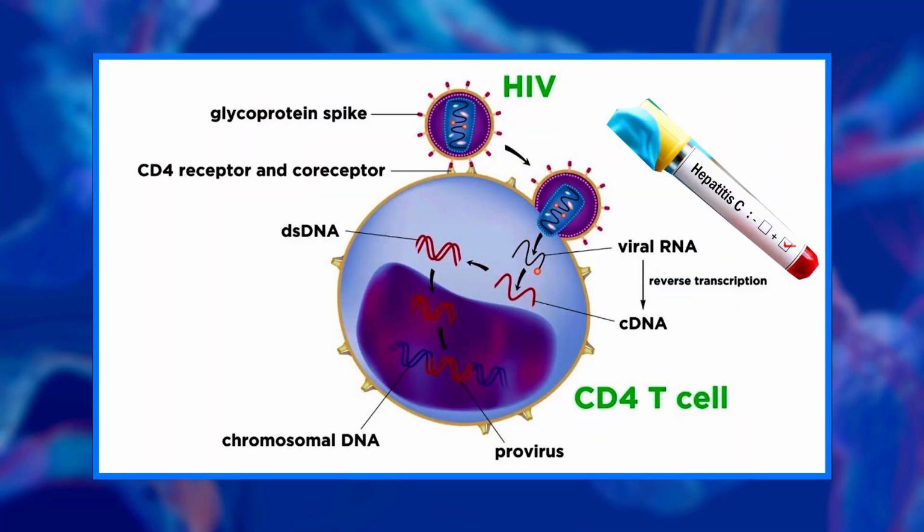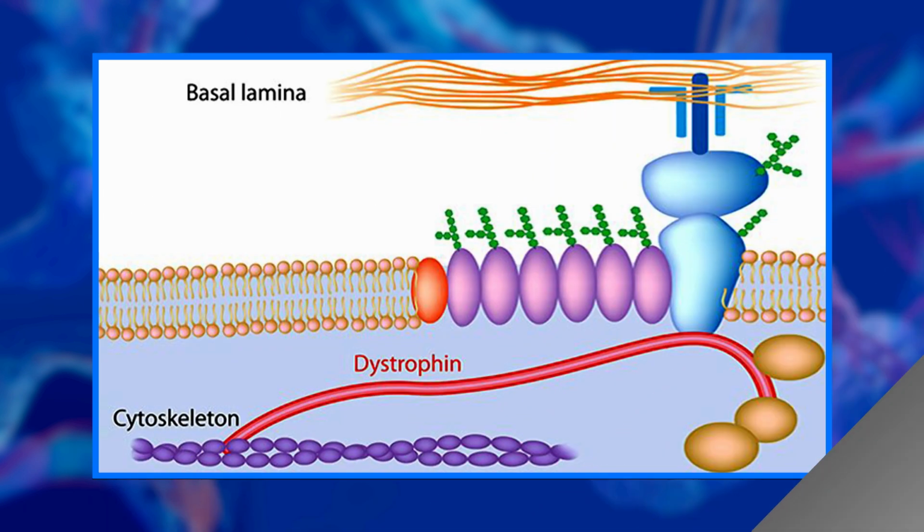Although rare, transfusion of blood can sometimes lead to transmission of HIV and hepatitis C; this was more common in the 1980s and 90s. Duchenne muscular dystrophy is associated with a mutation in the dystrophin gene and is characterized by profound muscle weakness leading to respiratory failure and death.